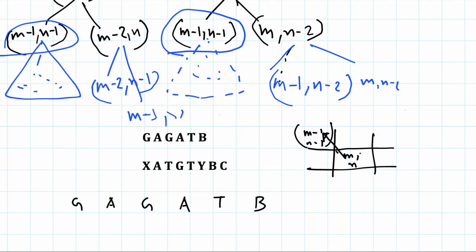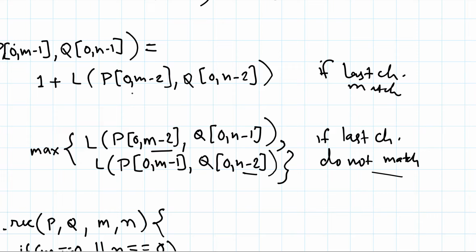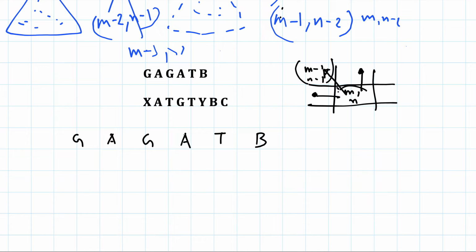And if they are not equal, we will take the maximum of either this or this. Like from the definition of this, if they are equal, then we move from m minus 1, n minus 1 to m minus 2, n minus 2. So this cell is m, n, then we will move diagonally up, if m is increasing in this direction and n is increasing in this direction.